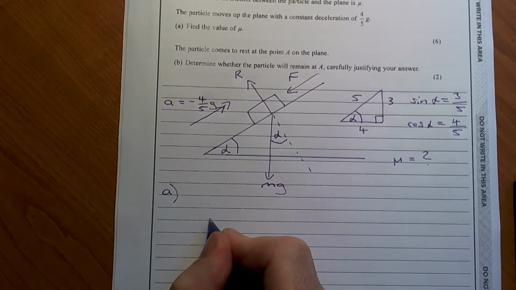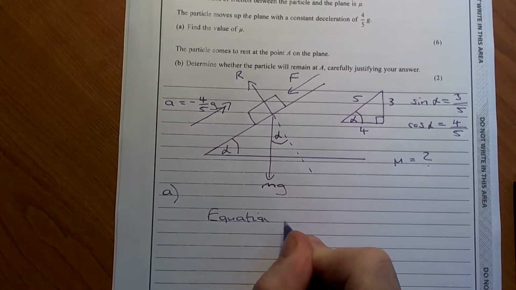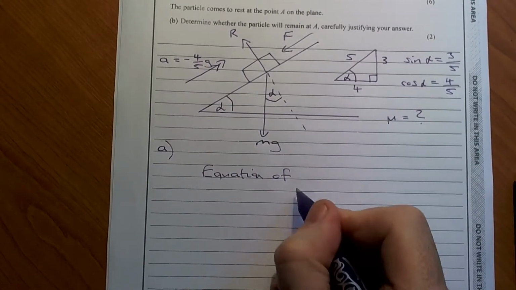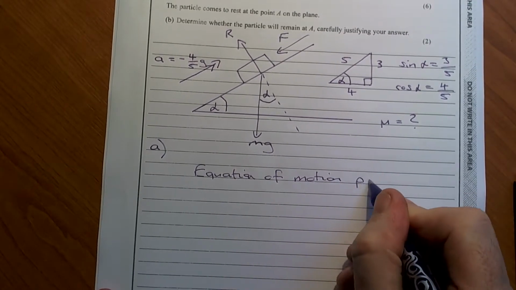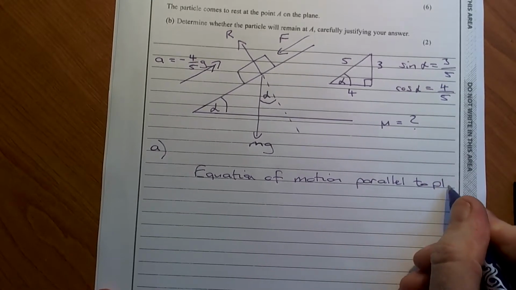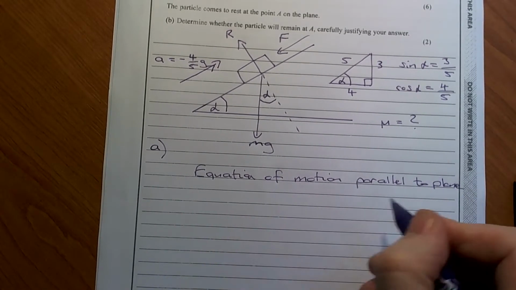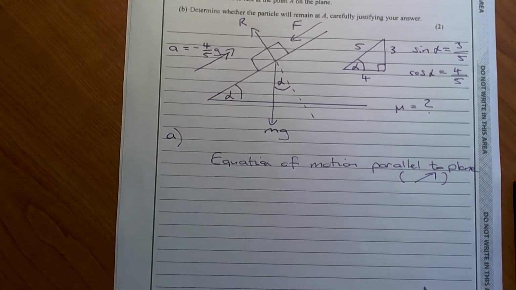So first of all, I'm going to set up an equation of motion parallel to plane. And the direction that I'm going to make positive is going to be in that upwards direction there.